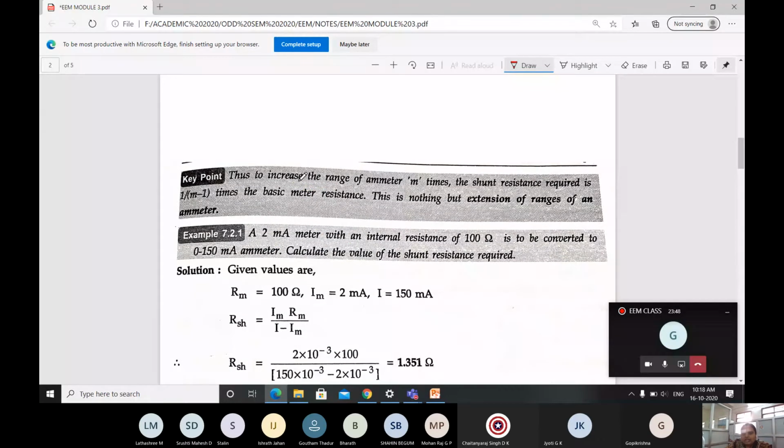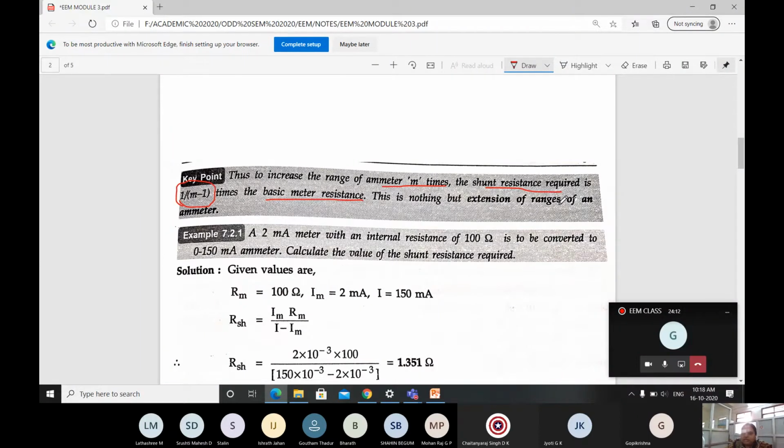Thus, to increase the range of the ammeter M times, the shunt resistance required is 1 divided by M minus 1 times the basic meter resistance.